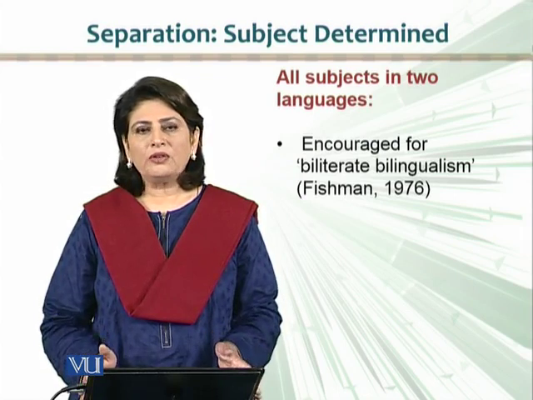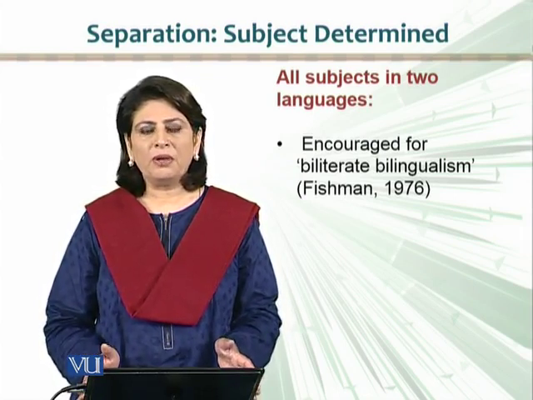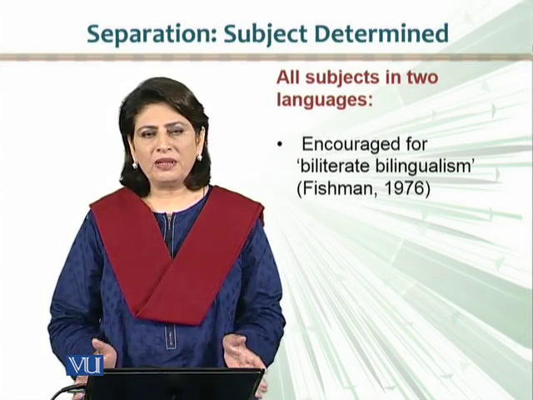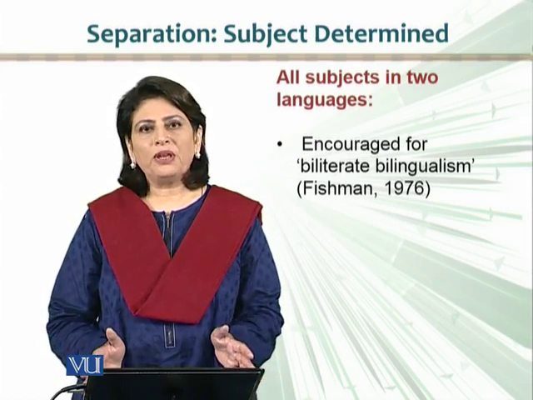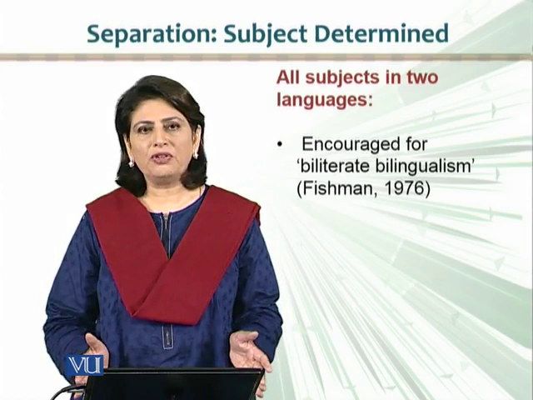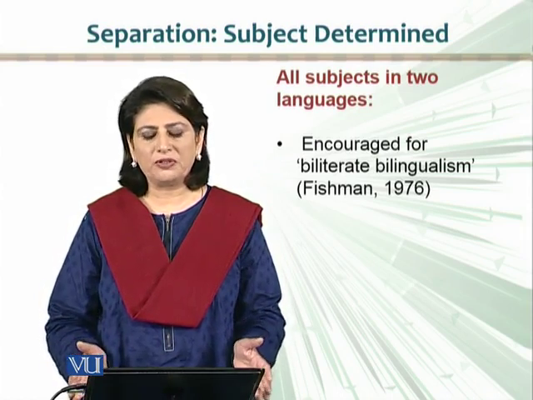Now, there is also another possibility, and that is that we somehow divide the different chapters of a subject or a book in different languages, and we allocate those different languages for the teaching of those specific chapters.